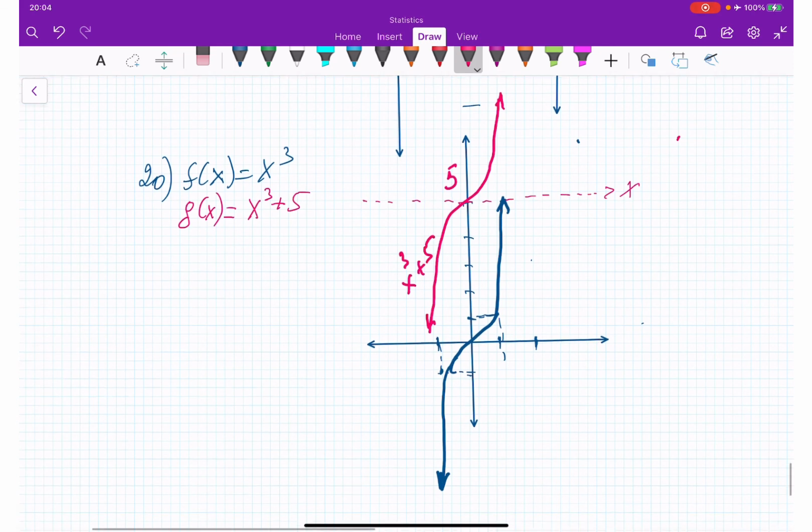And it should be parallel. Well, approximately it's parallel. Maybe I can draw this a little bit better. And we get the graph. And this one is x cubed.